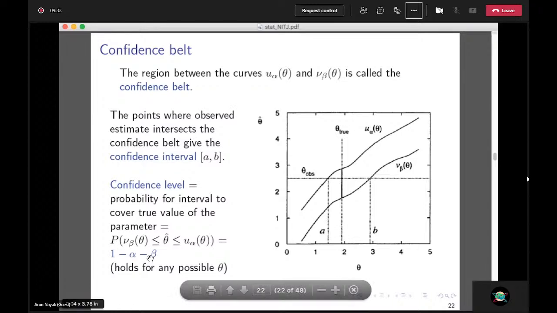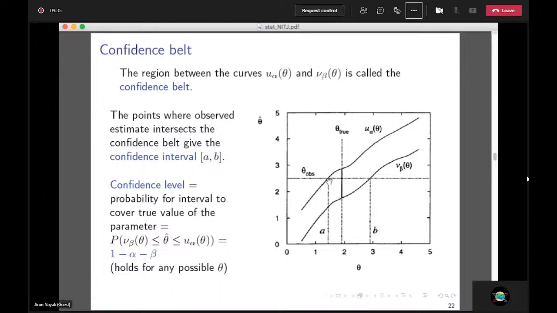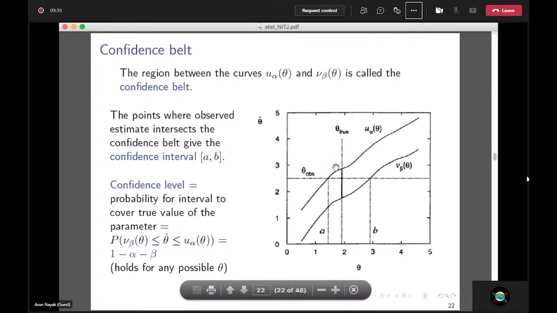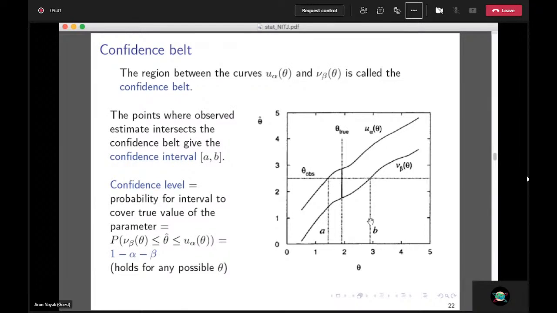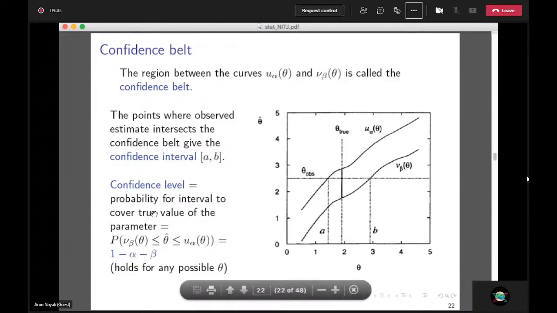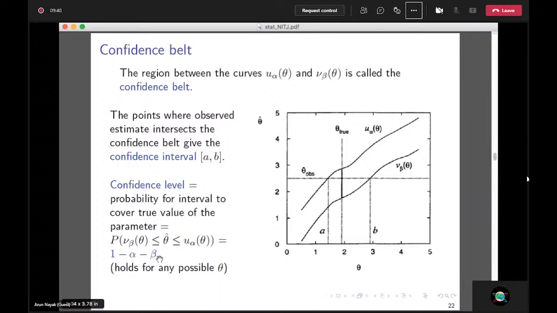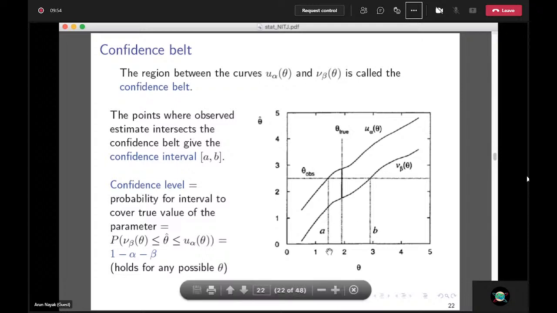So what we want to find is the value of A and B given the probability. Suppose we want a 95% confidence interval. Then what are the values of A and B that contain the true value of the parameter theta 95% of the time?